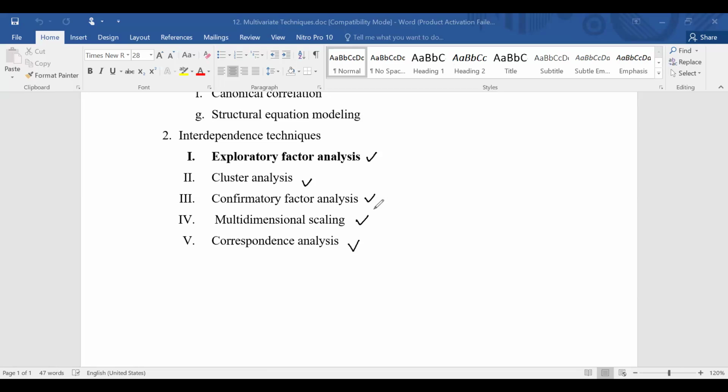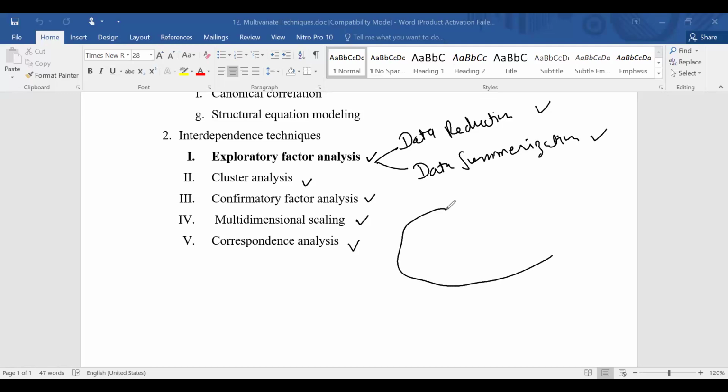The purpose of exploratory factor analysis is data reduction and data summarization. Okay. So the basic objective of exploratory factor analysis, data reduction and data summarization, is the same as the purpose of cluster analysis.